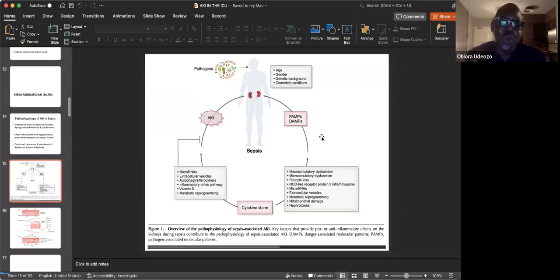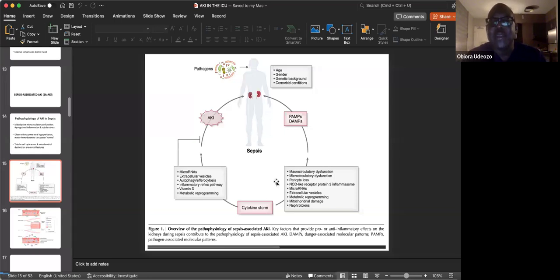These PAMPs also trigger cytokine release, and also you have DAMPs, damage-associated molecular patterns, and they all come together. You see this cytokine storm, all come together, causes microcirculatory dysfunction right at the microcapillaries in the renal tubules. And they all lead to AKI, damaging the kidney.